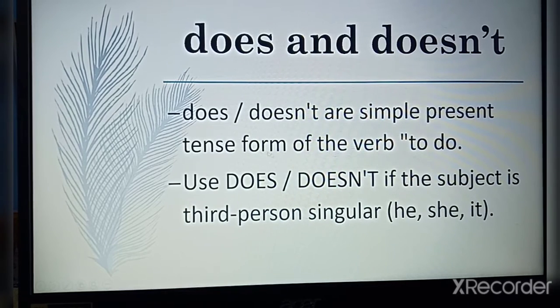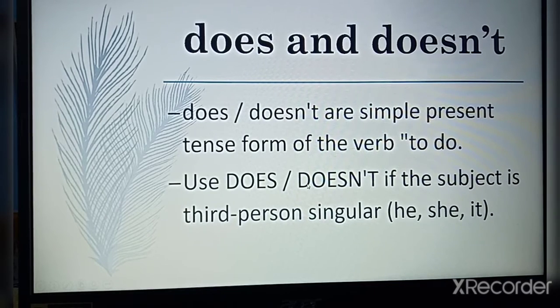And use does or doesn't if the subject is third person singular. Bear that in mind. Make sure that your subject is a third person singular.